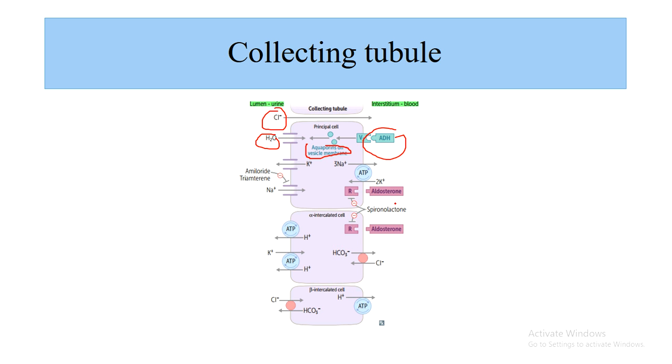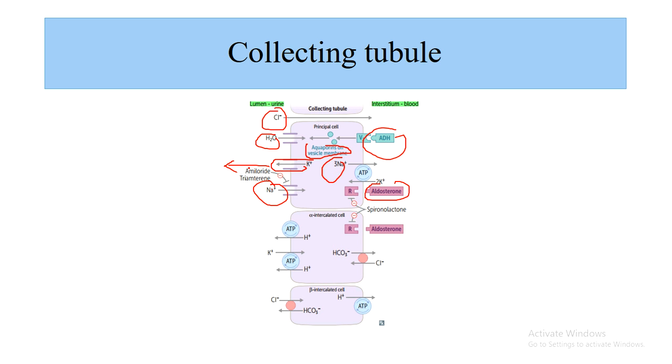And then you can see aldosterone, the best friend of the renin-angiotensin-aldosterone system, which leads to reabsorption of sodium at this point from the urine, and then excretion of potassium out in the urine.